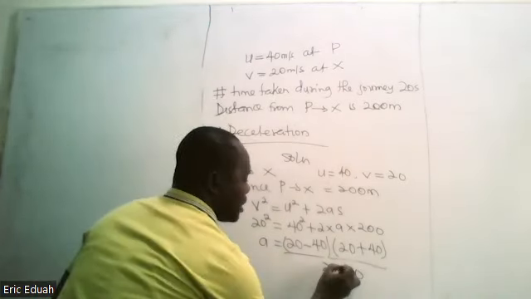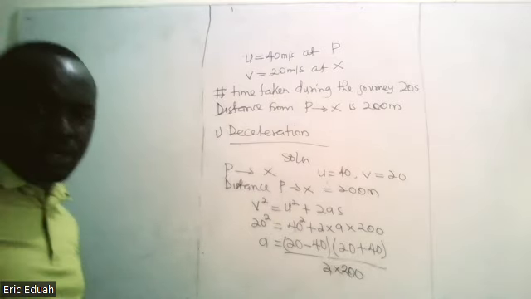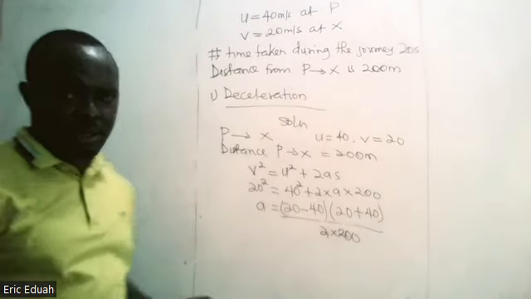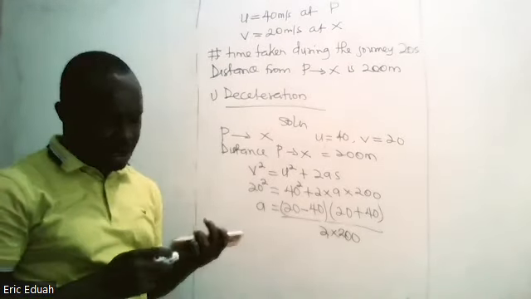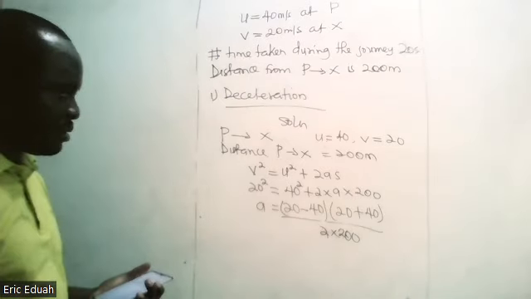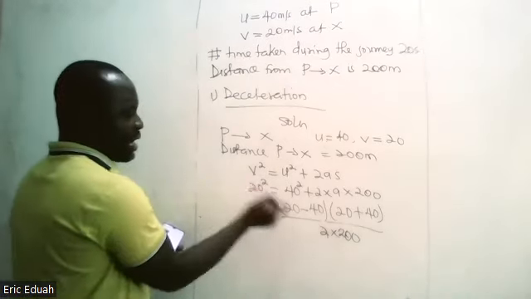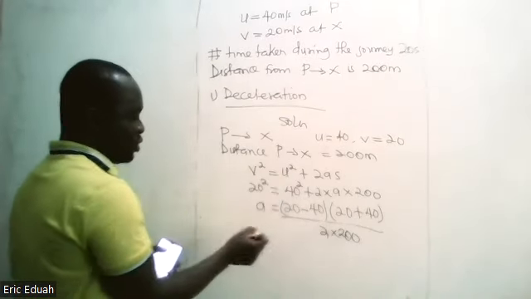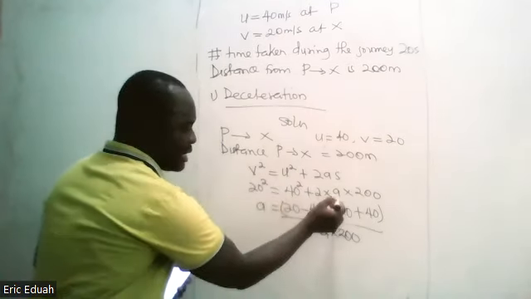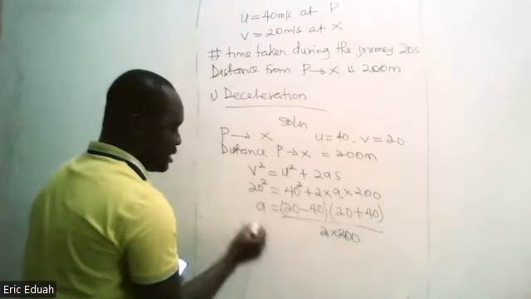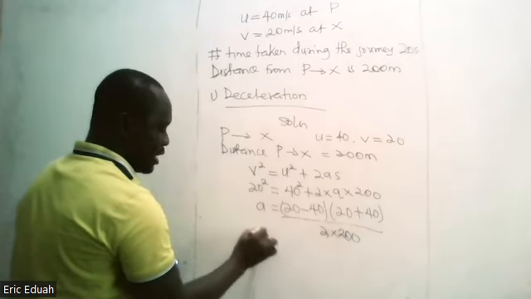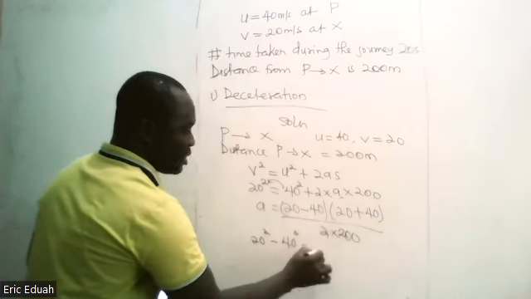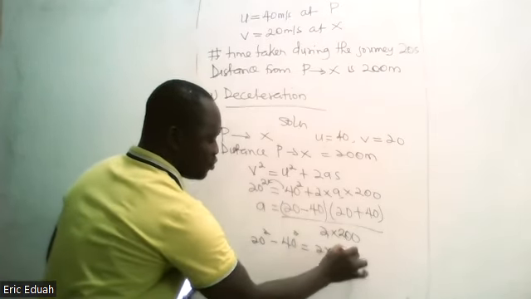So 2 times 200. Is somebody lost here? Right here, I'm just substituting the values, the V value, the U value, and then trying to make A the subject. 20 squared minus 40 squared, when I send this to the other side, will be equal to 2 times A times 200.